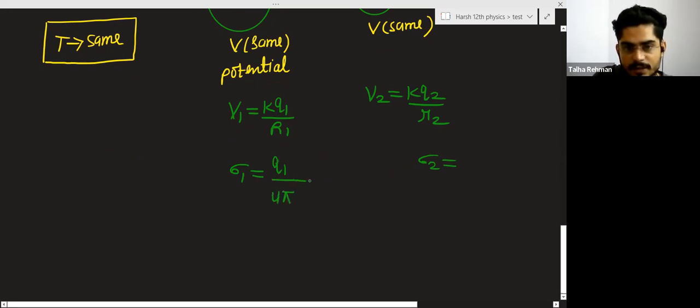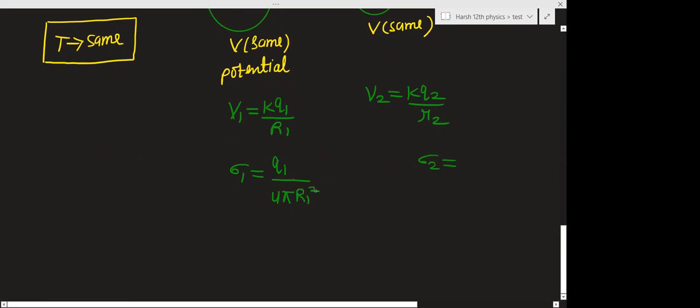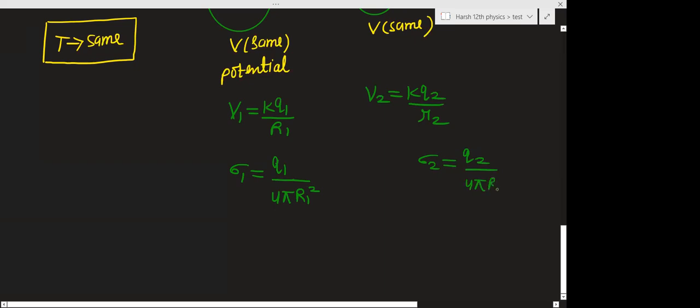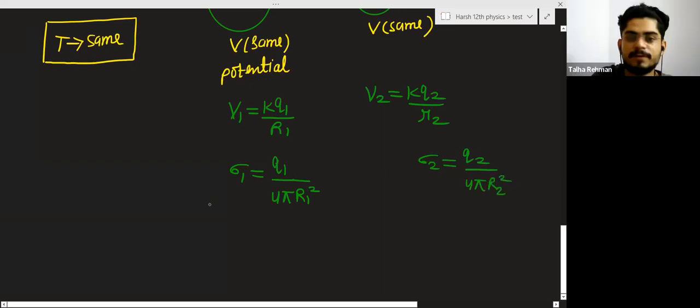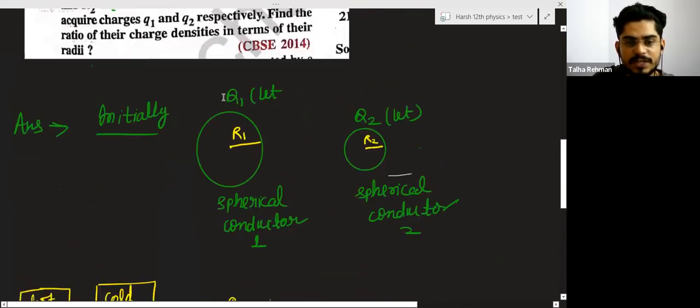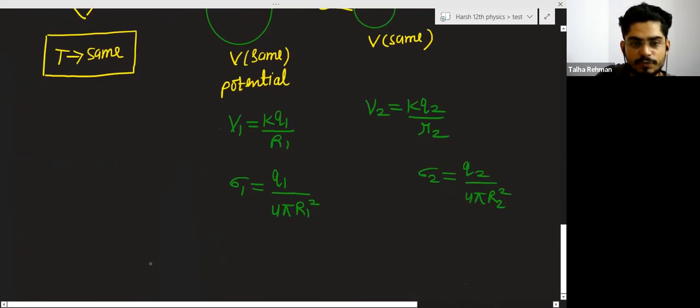The surface area is 4 pi r1 square for sphere 1, and sigma 2 will be q2 divided by 4 pi r2 square. They are asking the ratio of charge densities, so we have to find sigma 1 divided by sigma 2.